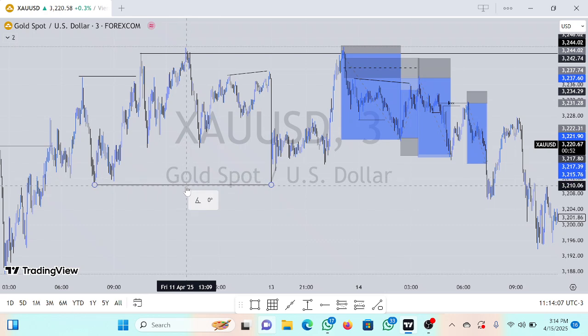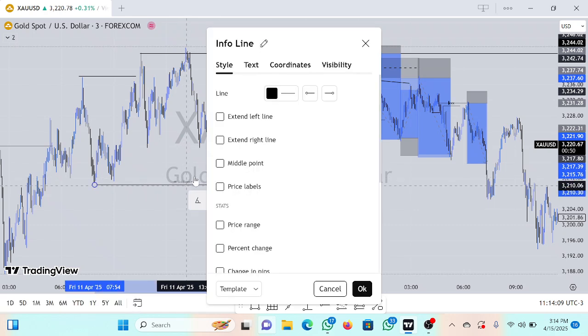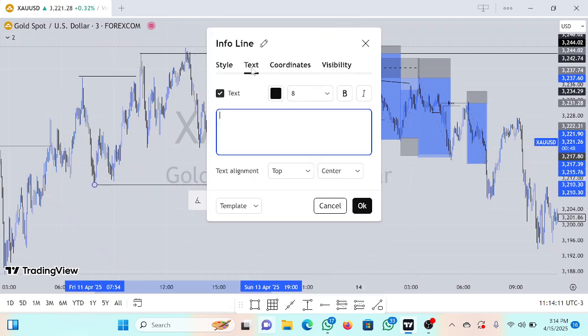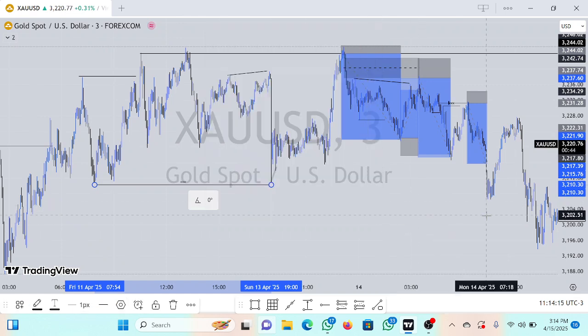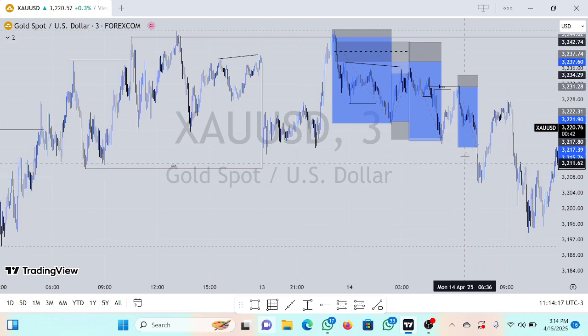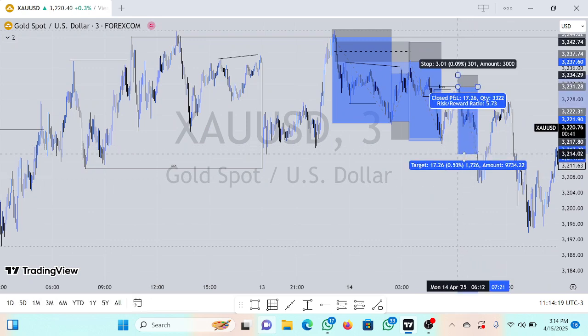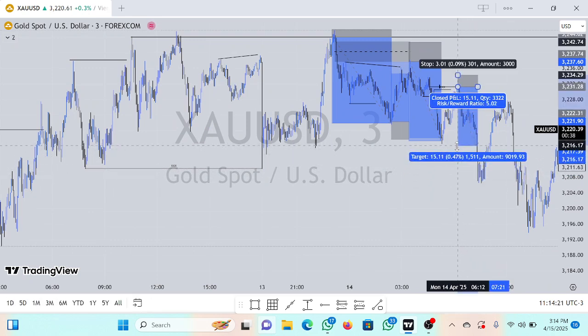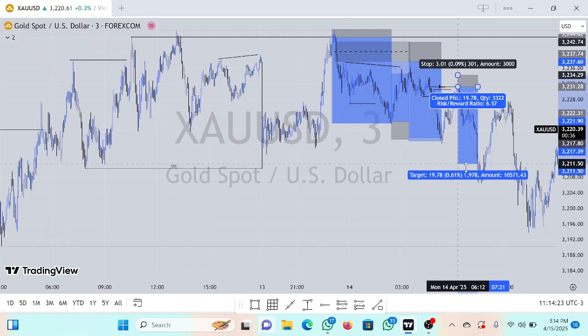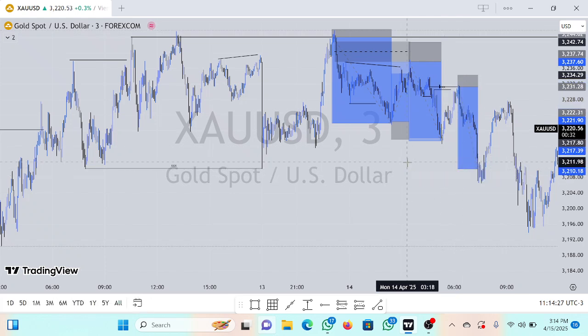As you all can see, this is our double bottom liquidity. So our take profit should be at this double bottom, or you can use this Asian low. So our take profit should be here.